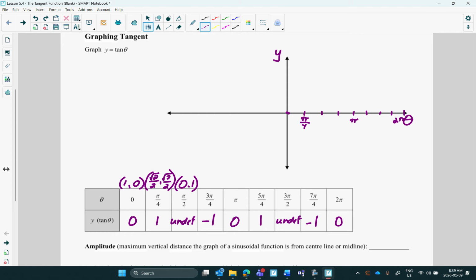So the tan of 0 is 0. I need one negative one on my graph. The tan of pi over 4 is 1. I'm going to skip the undefined for a second. 3 pi over 4 is negative 1.